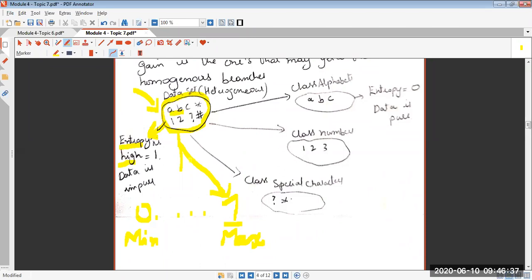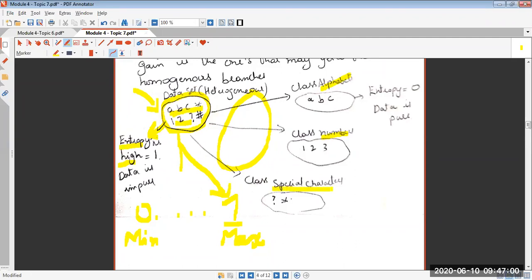Now, the decision tree should be involved, okay, to decide or split this data and decide on the class. Now, what are the classes you can identify for this data set? So 3 classes you can identify. One is class A, which is alphabets, class B, which is numbers, and class C, which is special characters.